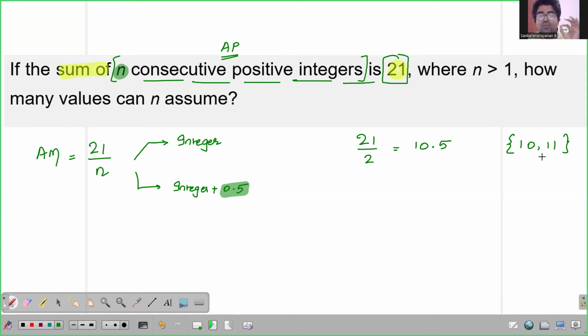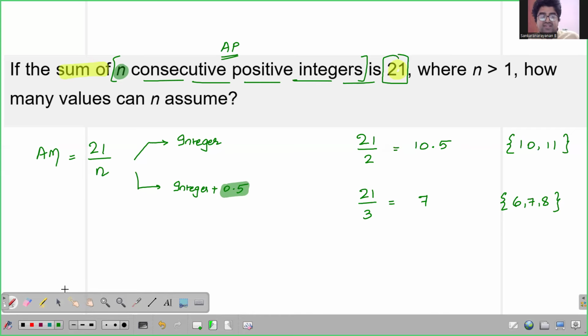So this is one possibility. Now, if you consider 21 by 3, taking 3 numbers, the arithmetic mean is 7. The possibility is 6, 7, 8: 7 being the mean, and 6 plus 7 plus 8 totals 21.